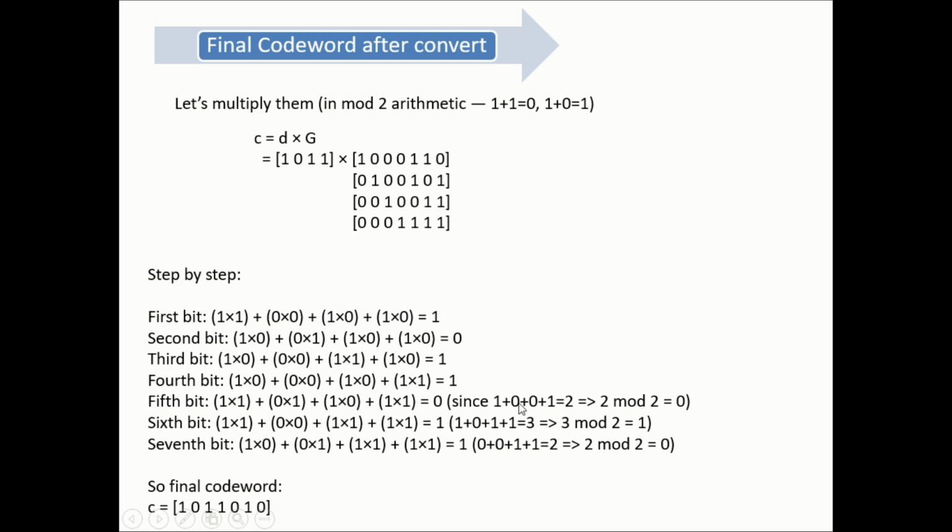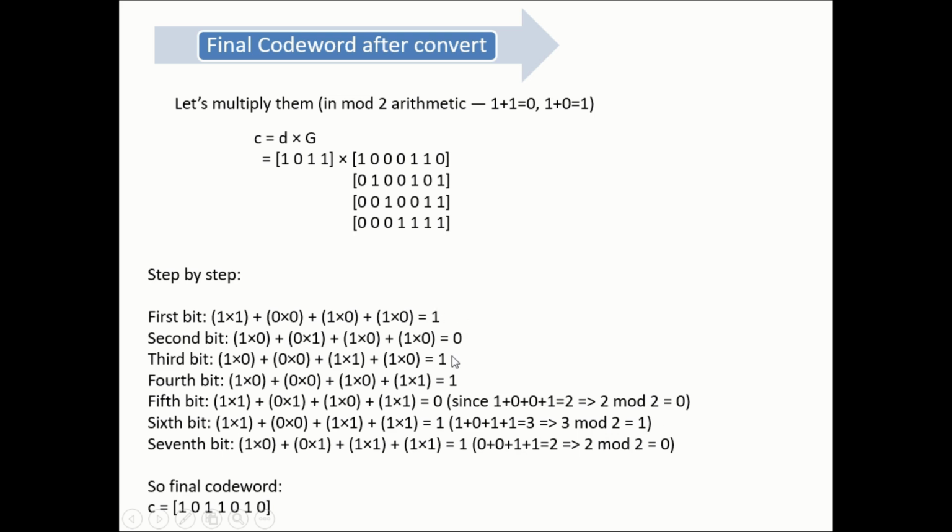So 1 plus 1 is 2, and 2 modulo 2 is equal to 0. Then 1 plus 1 plus 1 is 3, and 3 modulo 2 is equal to 1. Then 1 plus 1 is 2, so 0 will be there. Okay, so the final code word is 1 0 1 1 0 1 0.